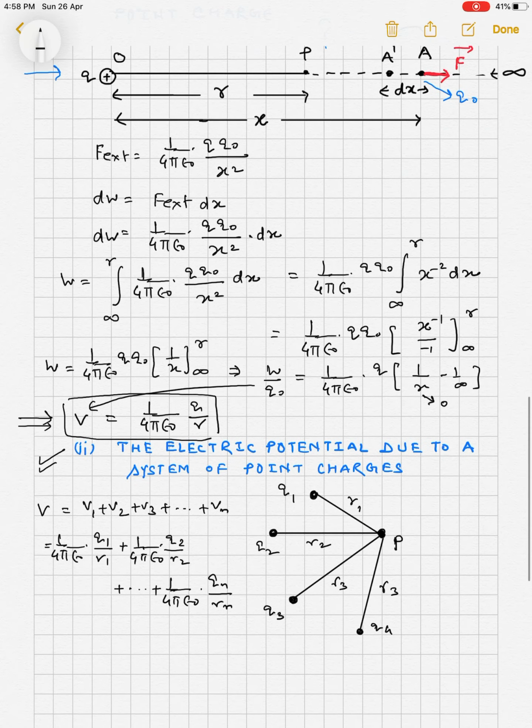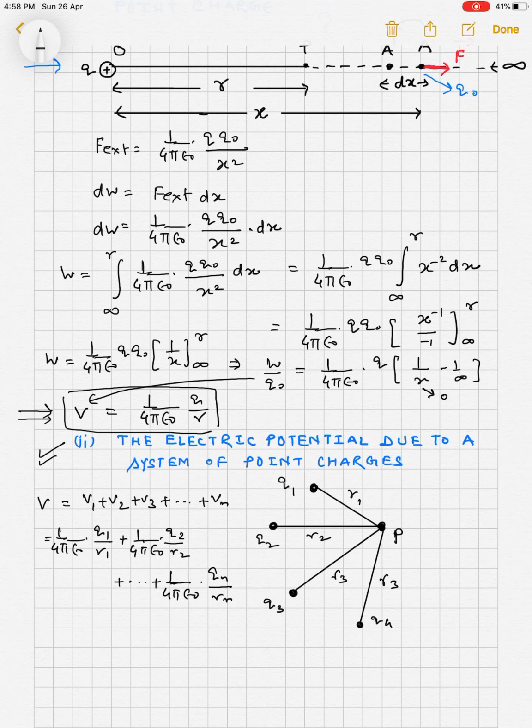So here the values of Q1, Q2, Q3 and so on will be put with sign. So in summation form we can write 1 upon 4 pi epsilon naught, taking it common, inside the bracket we have Q1 upon R1 plus Q2 upon R2 plus and so on Qn upon Rn.